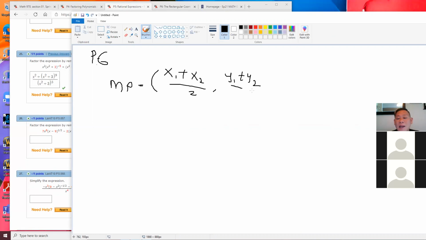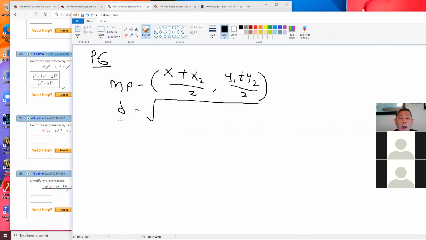The midpoint is like the middle of the points, like an average. So in order to find the average, you add them up and divide by 2. You add the x values up, divided by 2, and you add the y values up, divided by 2. That is your midpoint. Yes, it's called midpoint.